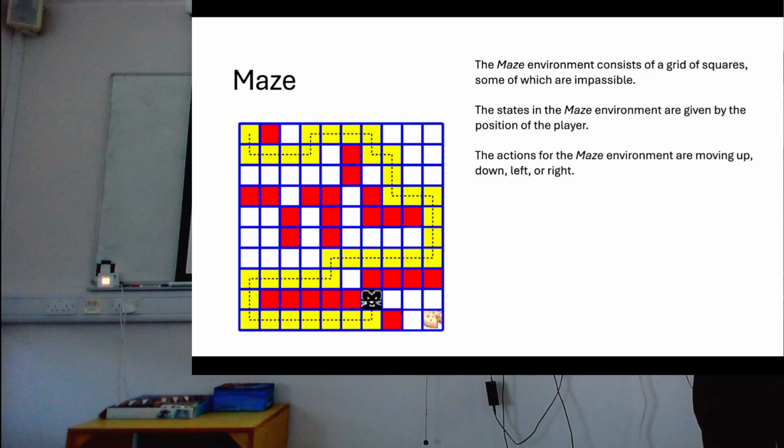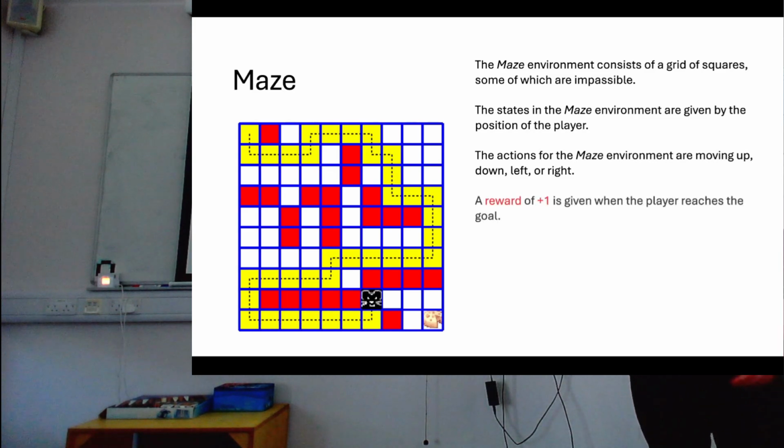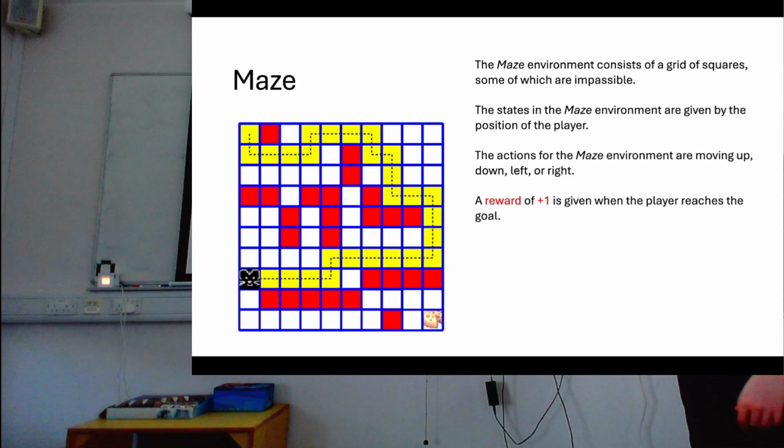I'm going to stay where I am. If I'm here and I choose to go right, I'm going to transition into this state here. And the rewards are sparse. By this we mean that basically every transition doesn't give you a reward. The only transition where you do get a reward is when you're here or here and you move onto the cheese. So you get a reward of +1 when you move onto the cheese.